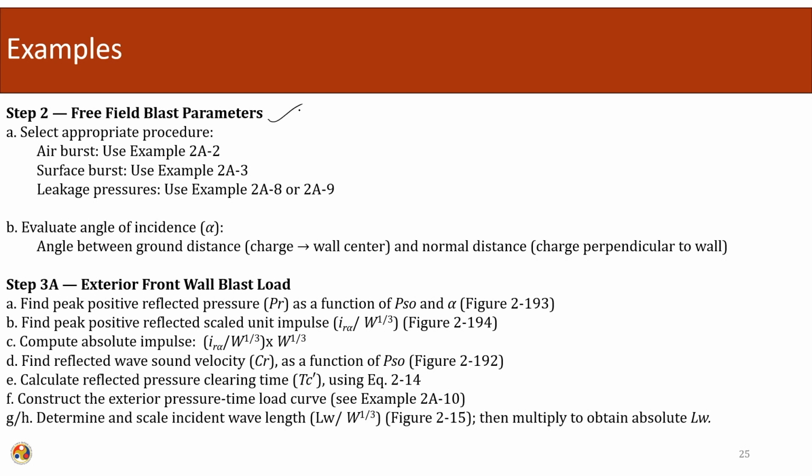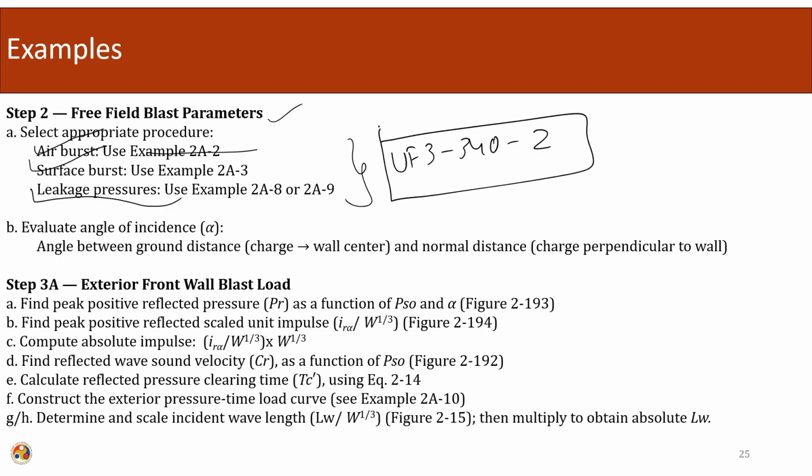Depending upon what type of blast scenario is given, we will have to categorize it as an air burst or surface burst, and then we calculate the leakage pressure. These are the different examples given in UFC 3-42. Depending upon these features, we can calculate the free field blast parameters.